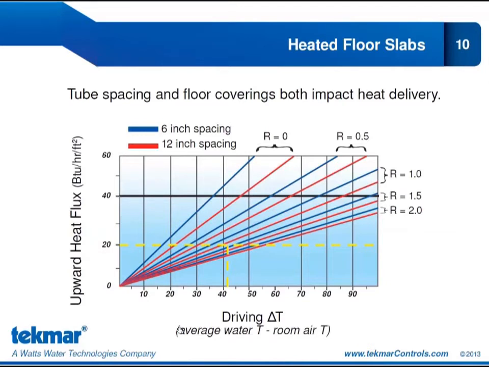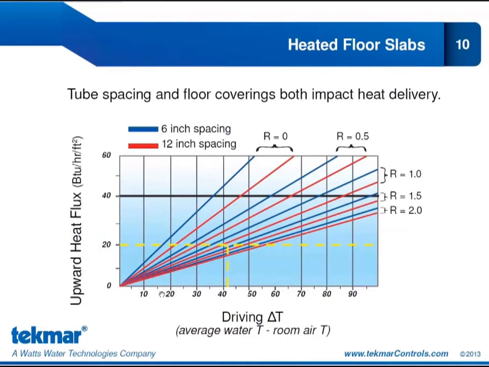So for example, if we're looking at a heated floor slab that has 6-inch spacing with an R value of 0, so no floor covering, maybe just using some paint on that slab, then we're going to be looking at this blue line. Now let's say that installation has an upward heat flux of 20 BTU per square foot. What that means is our driving delta T is going to be 17.5.